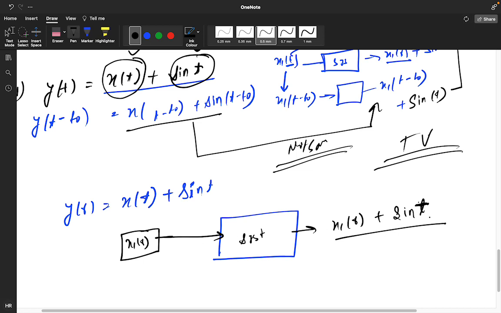Now you are doing a delay here, meaning putting x of t minus t naught. If you do the output as a delay, what will you get? x1 of t minus t naught plus sine of t minus t naught. Correct?